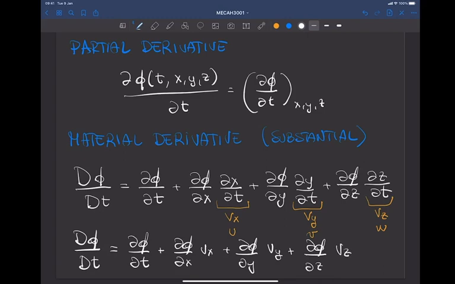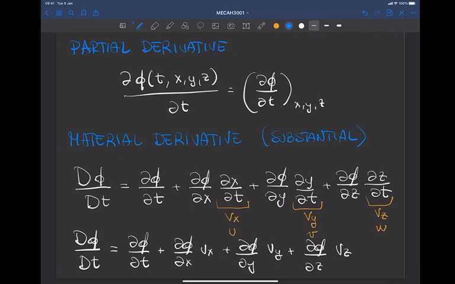Okay, but maybe you have already recognized by doing this development that we can express this derivative in a more compact way if we use one of the operators that we have introduced before.